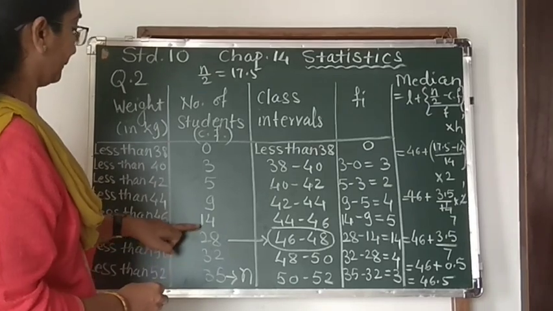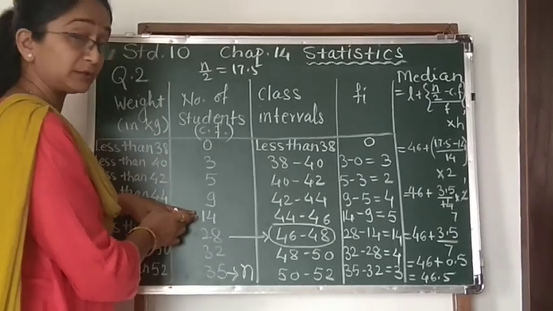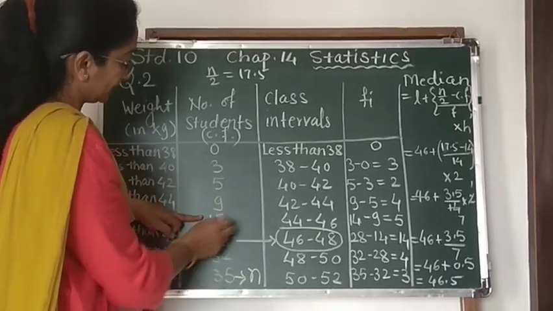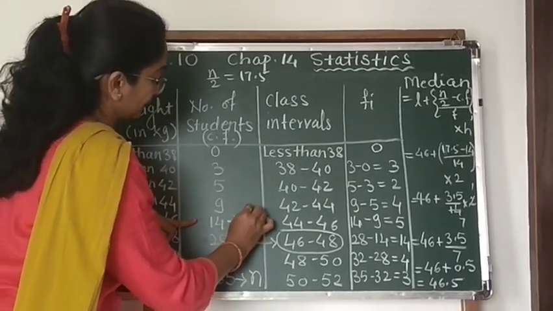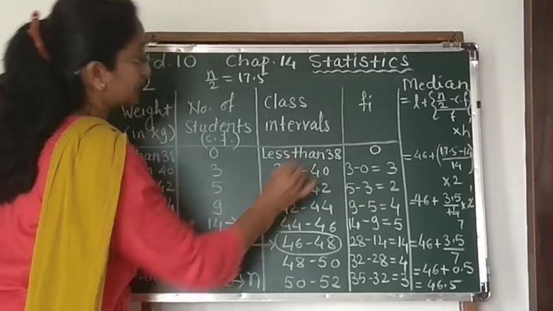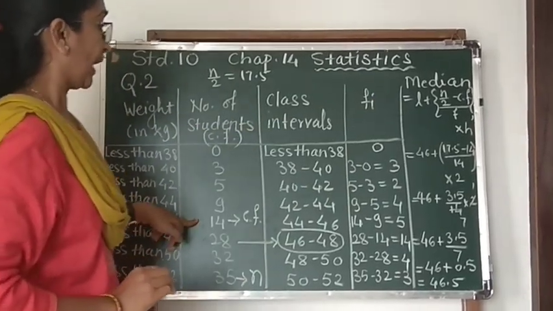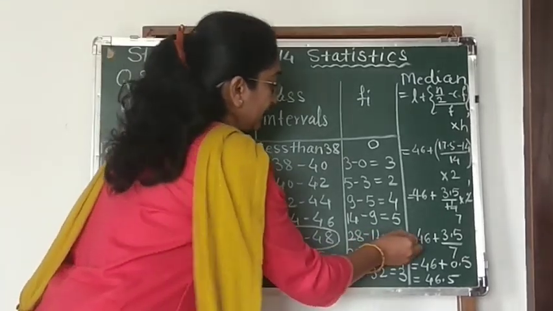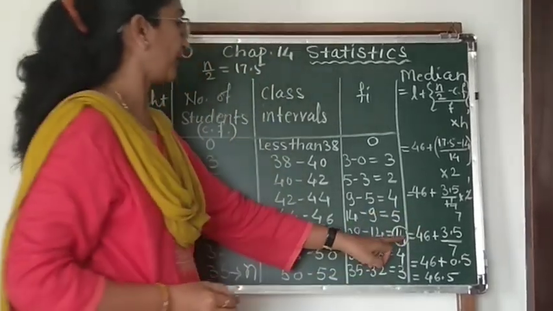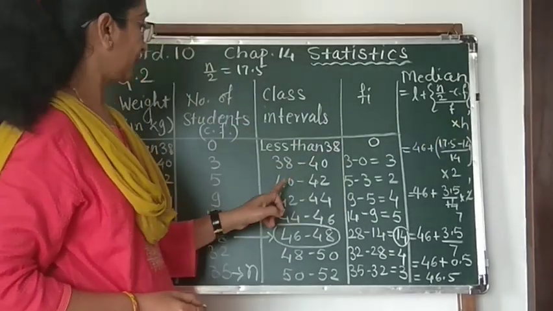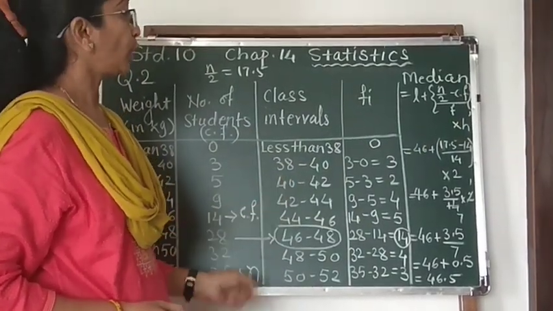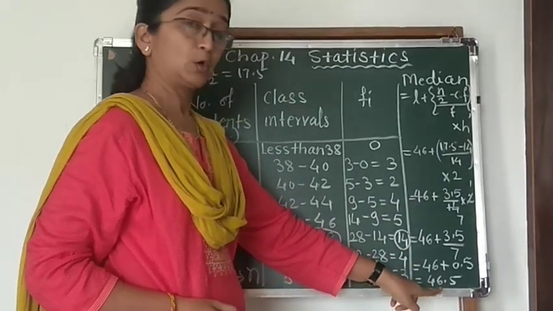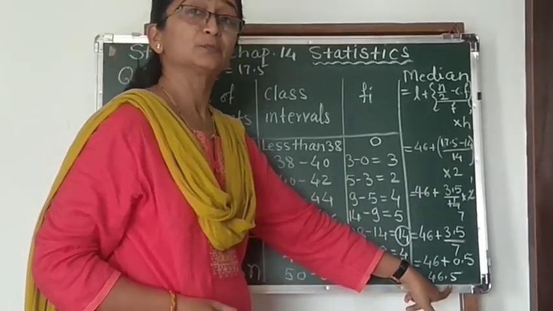Therefore 14, the cumulative frequency of the class interval preceding the median class, is our Cf for the formula. The value of f, the frequency of the median class, is 14. Now h is the class width, which is 2 here. Now put all these values in the formula, and after calculating we got the median as 46.5.